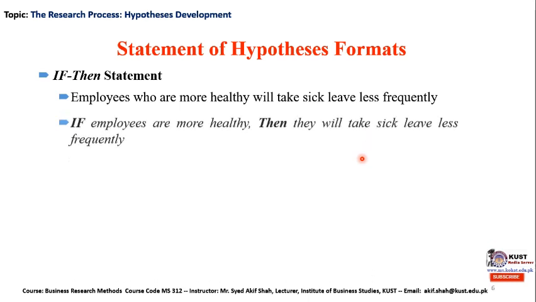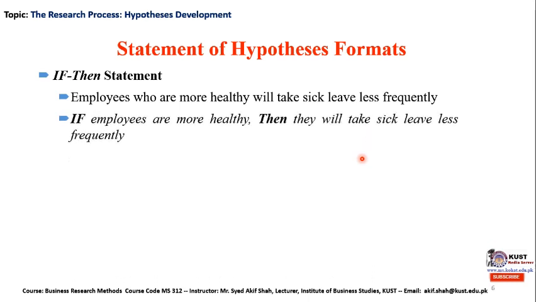How can we transform this statement into an if and then statement? Like, if the employees are more healthy, then they will take sick leaves less frequently. So it is one of the formats with the help of which we can formulate our research hypothesis. And since this is in testable form, we can test that when the employees' record is quite healthy, usually they do not take any sick leave.